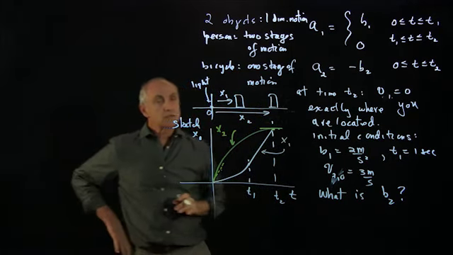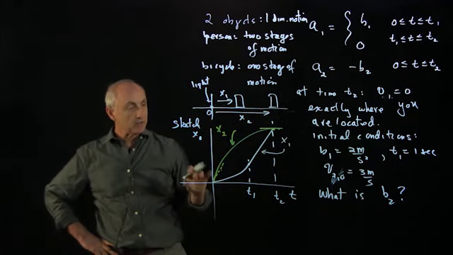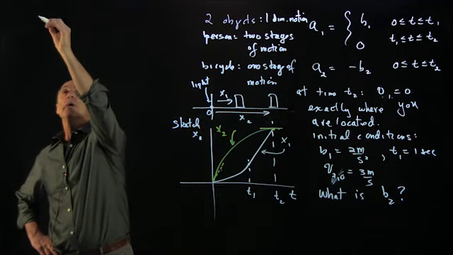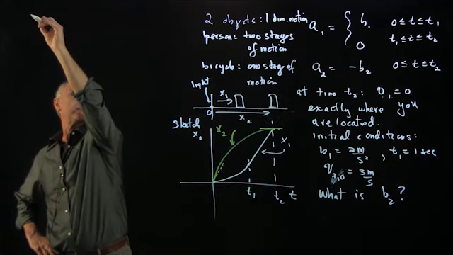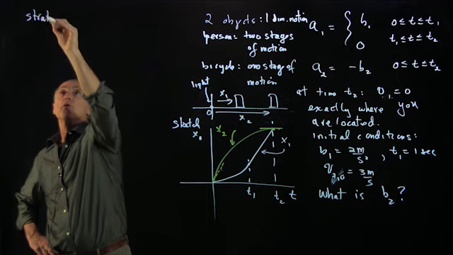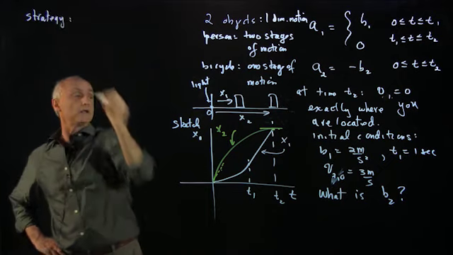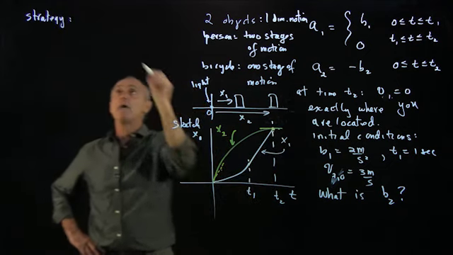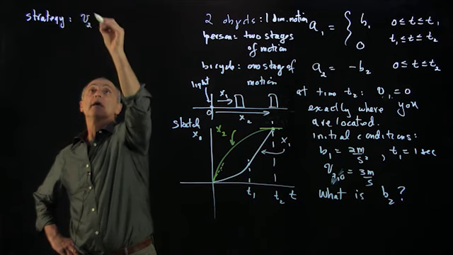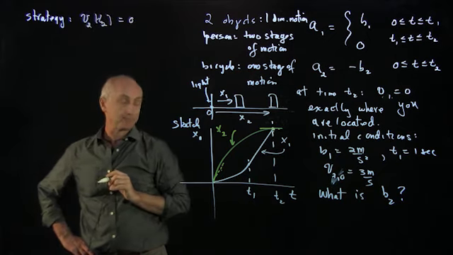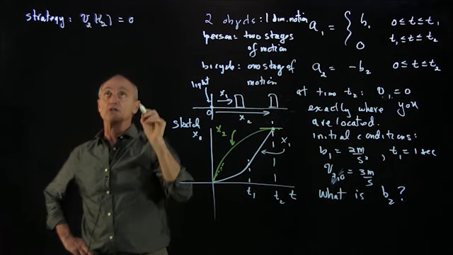So now, to build a strategy, we can even look at our graph and see that from our initial conditions, we have some special conditions. So our strategy will be to, one, figure out what this time is. And we know that the bicyclist at time t2 has come to a stop. So that's one condition.